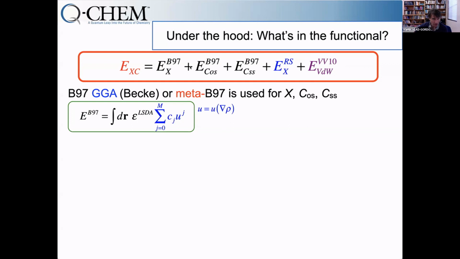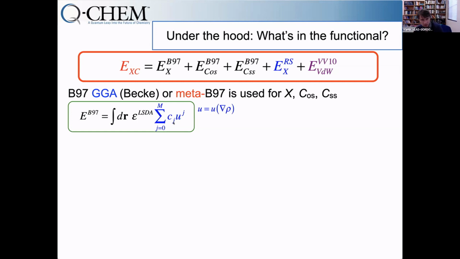And if we start by looking at the semi-local terms, if we make a GGA-based functional, it will take the form of the exchange or correlation energy at the LSDA level, then multiplied by an inhomogeneity correction factor that is contained inside this summation, and this is essentially like a little Taylor or Maclaurin series in a dimensionless reduced spin density gradient.